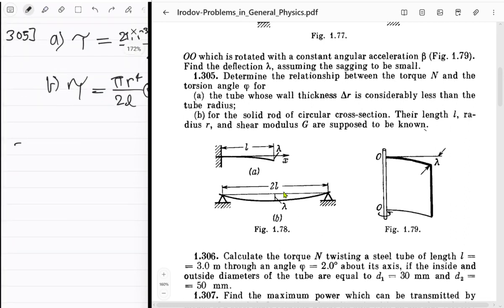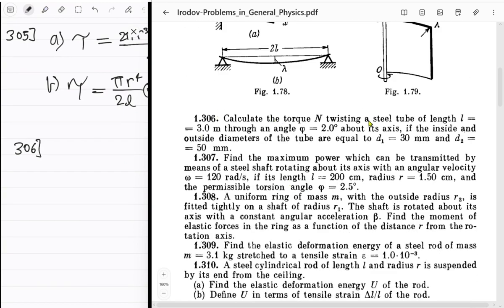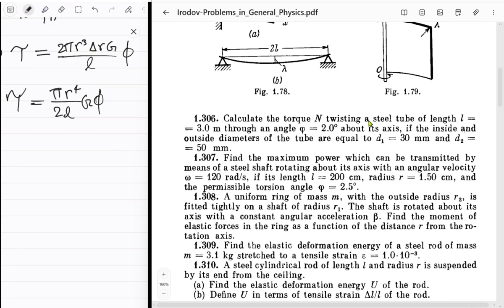306. Calculate a torque twisting a steel tube of length L equal to 3 meters through an angle about its axis if the inside and outside diameters of the tube are equal to D1 and D2. Oh, so it's like the last question, except a little different, right?